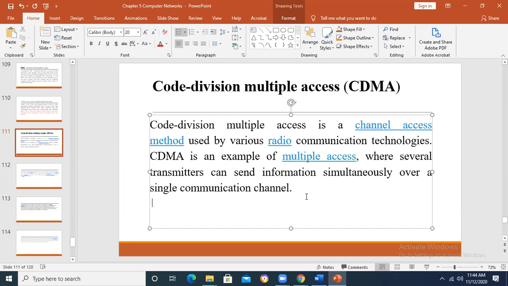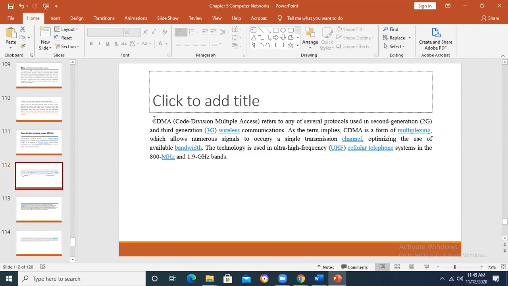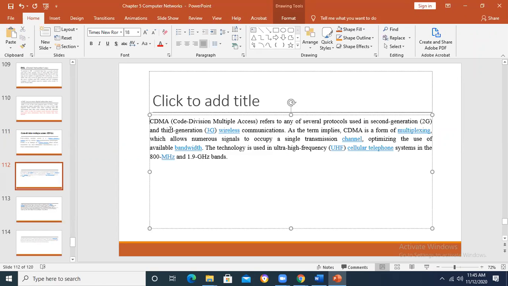So CDMA brought a number of features with it to provide ease for making transmission possible among different computer systems which are using this type of service.